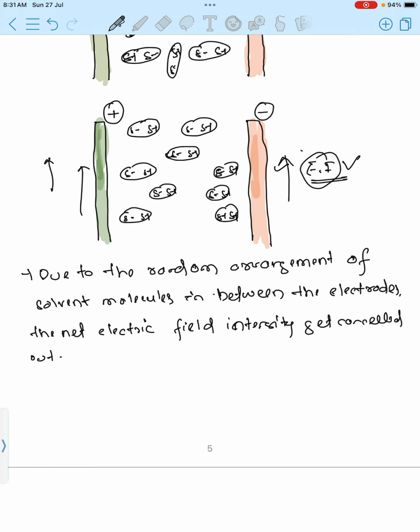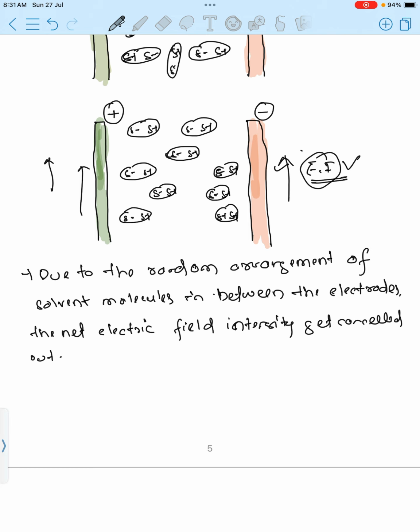As a result, more and more solvent molecules get aligned with the increase in the potential difference.